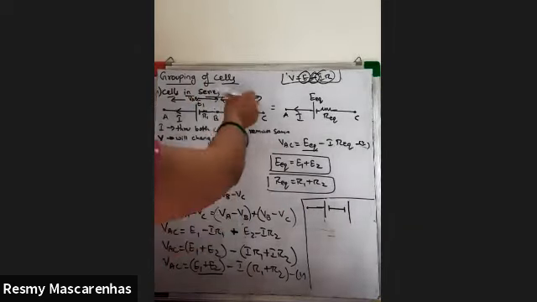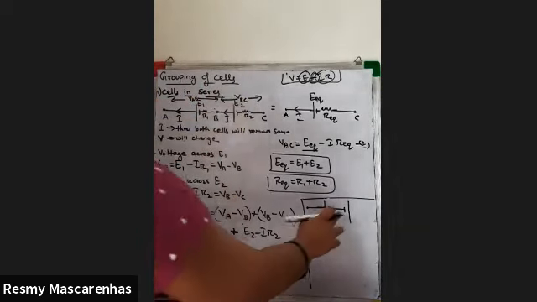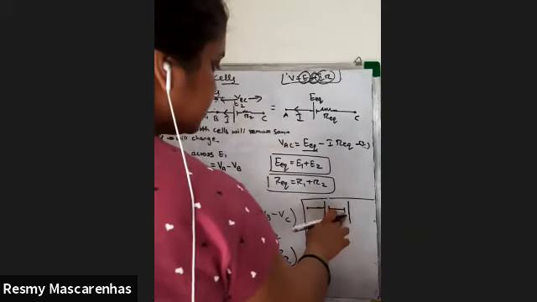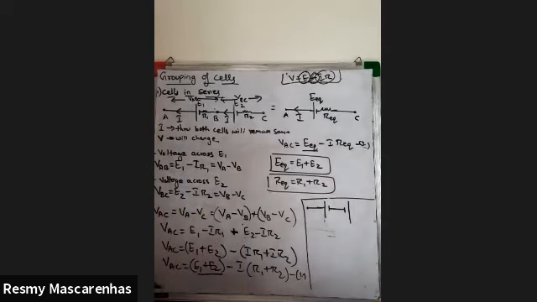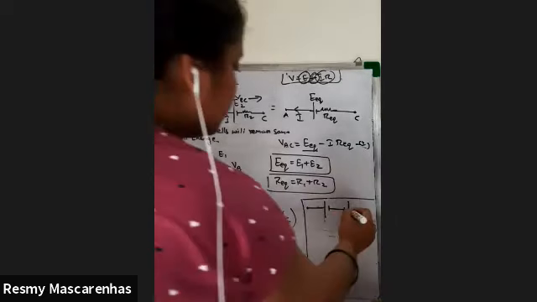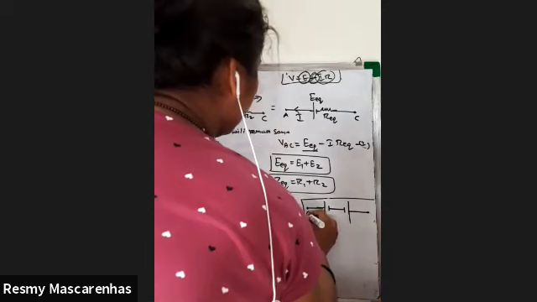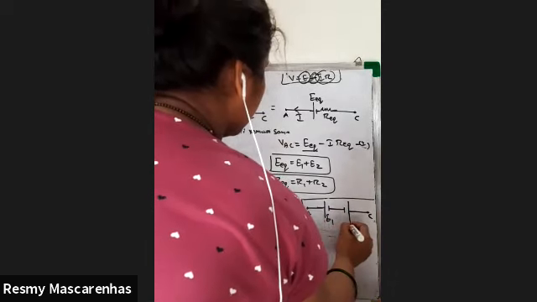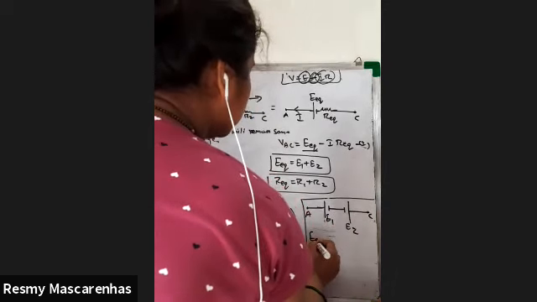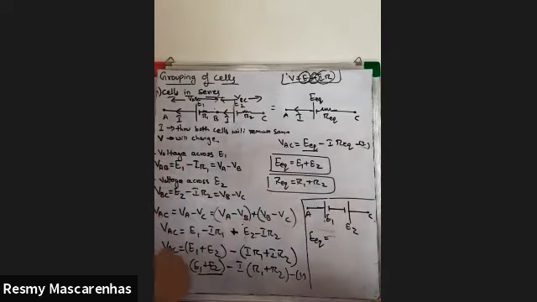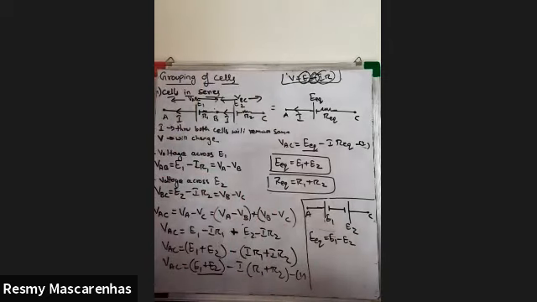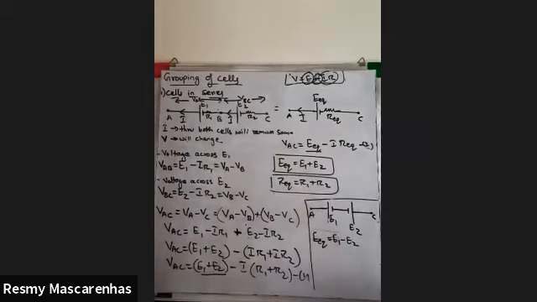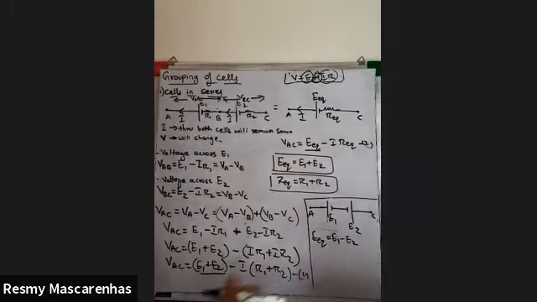Or the reverse. If negative of the first is connected to negative of the second, then the E equivalent will be E1 minus E2. Please remember this.